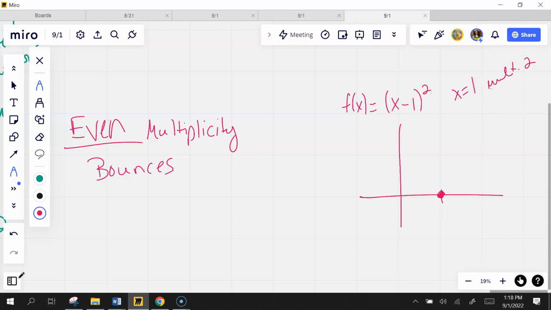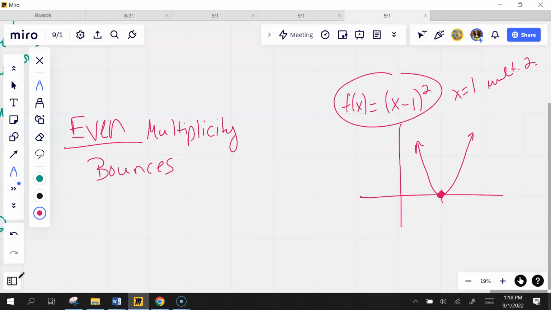That's even multiplicity. That means here, this just bounces. It touches the x-axis and bounces right back up. Every even multiplicity will do that. Multiplicity 2, because it happens twice. X minus 1, x minus 1.